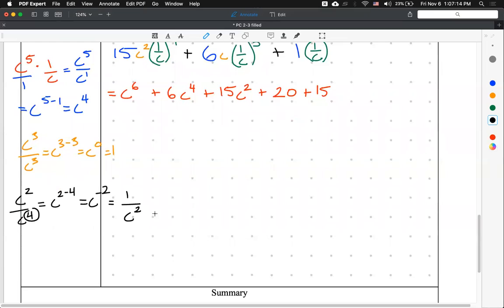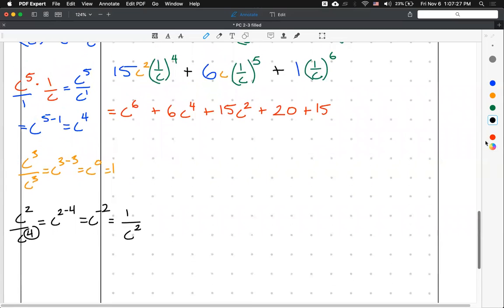Because I know the bottom is bigger, so that's where the power is going to stay, and 1 is going to be on the top now instead of the bottom. I personally really like fractions. Negative powers are a little bit confusing to me, but you can do whatever floats your boat or sinks your sub. So I'm going to write over here 1 over c squared. Yeah, sure. Just leave c squared in the denominator.